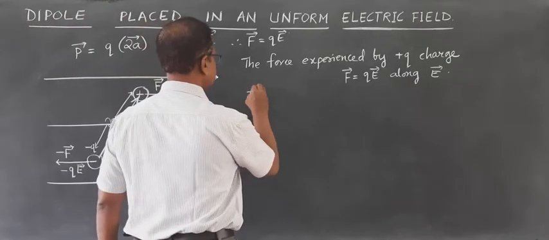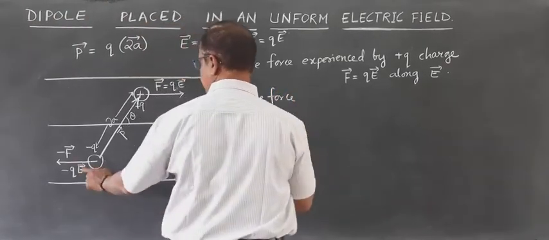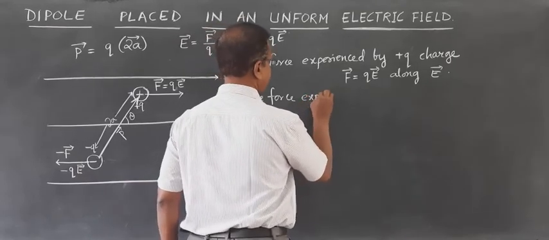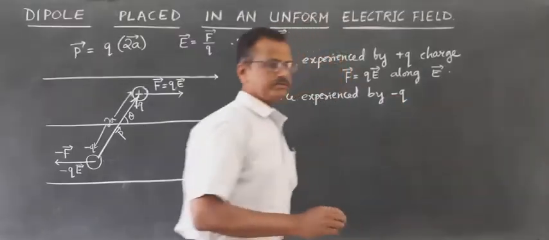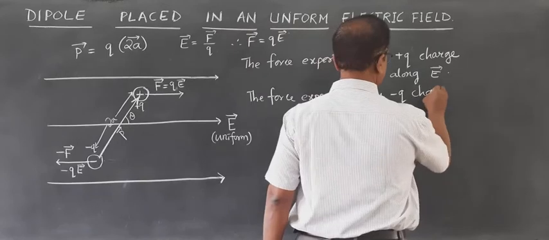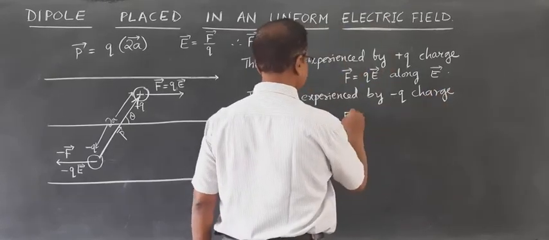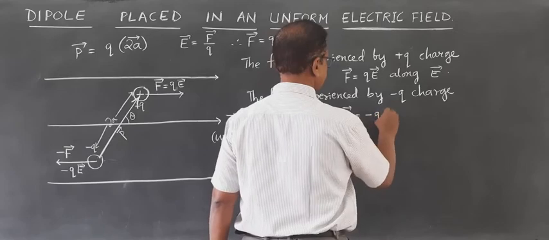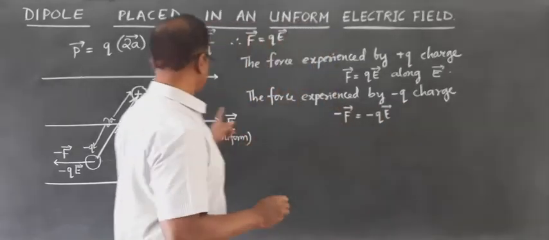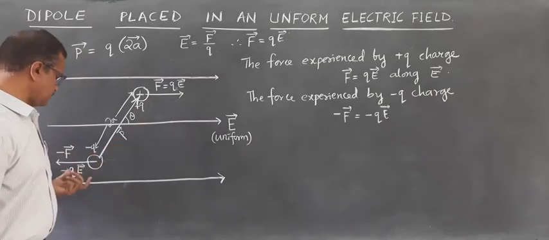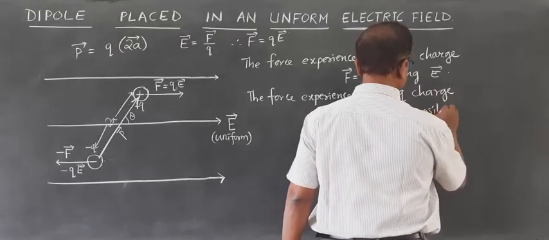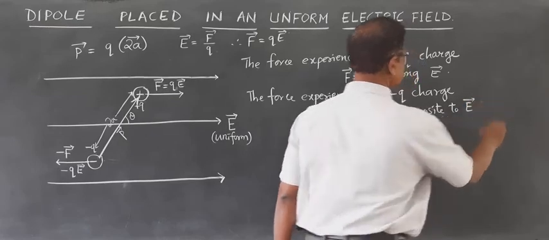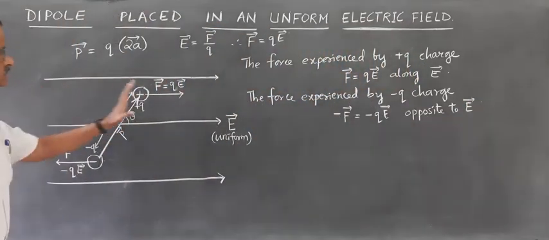Similarly, the force experienced by the negative charge, minus q, is F equal to minus qE. This has the same magnitude as the other force but is in the opposite direction. So minus F equal to minus qE, which is opposite to the applied electric field. This is the external electric field.